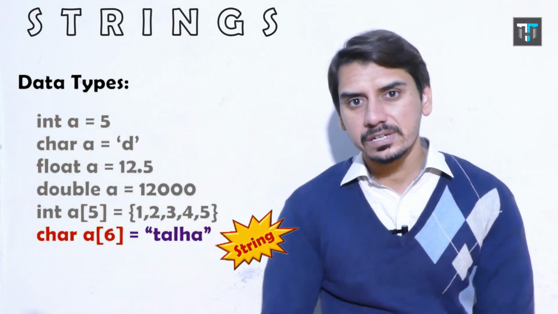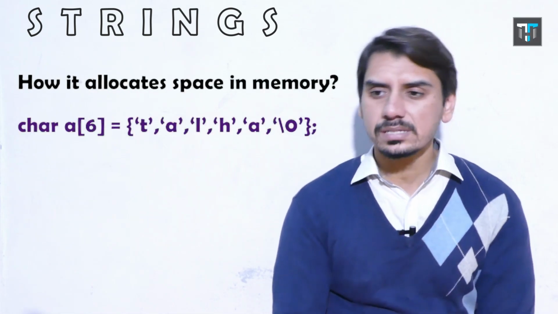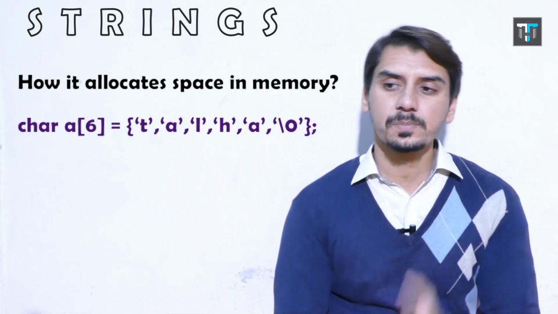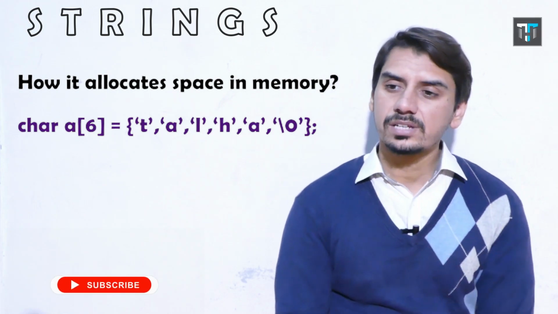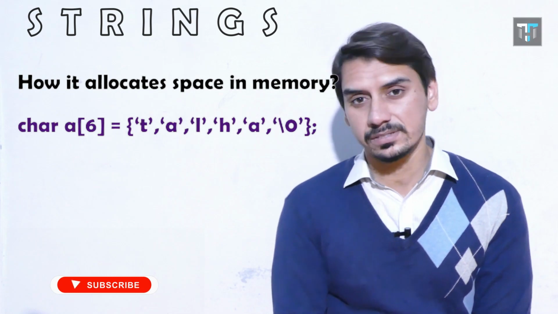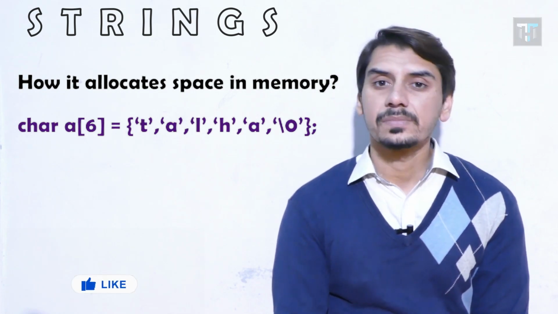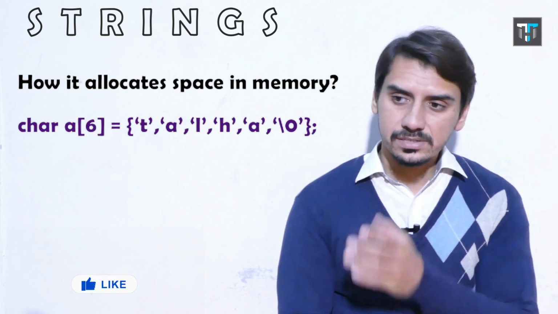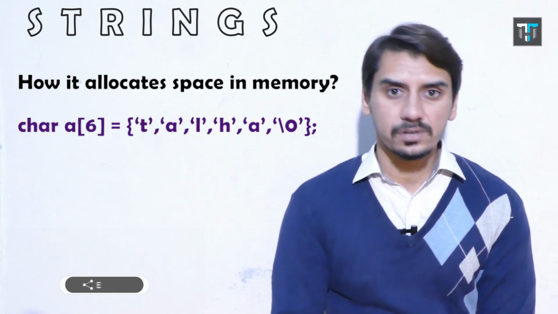After the concept of string, let's move towards how we initialize a string in multiple ways, and how it allocates some space in the memory. It's just like if we are talking about char a with some length, like 6, then equals, and within the curly braces we can assign different characters to different places.